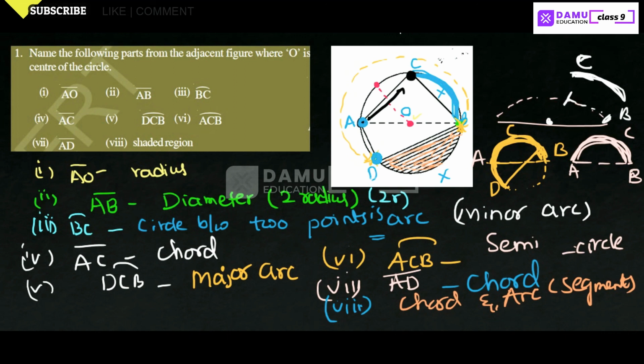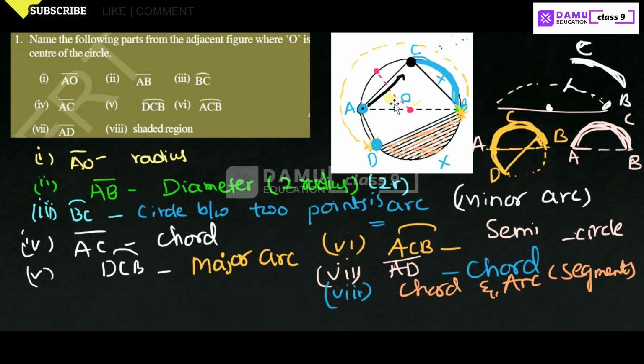If it is less than half a circle, then that is a minor segment. If it is equal to half, that is a semi segment or half segment. This one is a half segment, if it is like this.